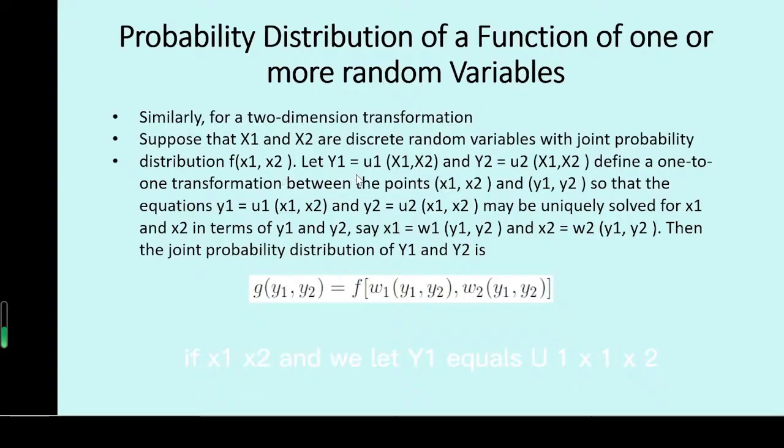And we let y1 equals u1(x1, x2), and y2 equals u2(x1, x2), define a one-to-one transformation between the points (x1, x2) and (y1, y2), so that the equations may be uniquely solved for x1 and x2 in terms of y1 and y2.